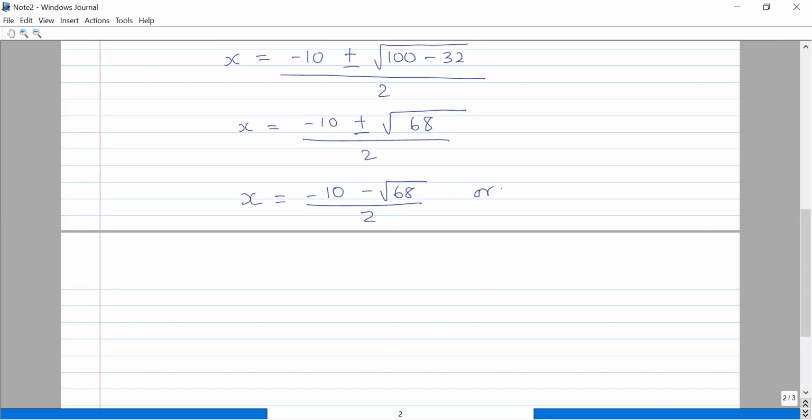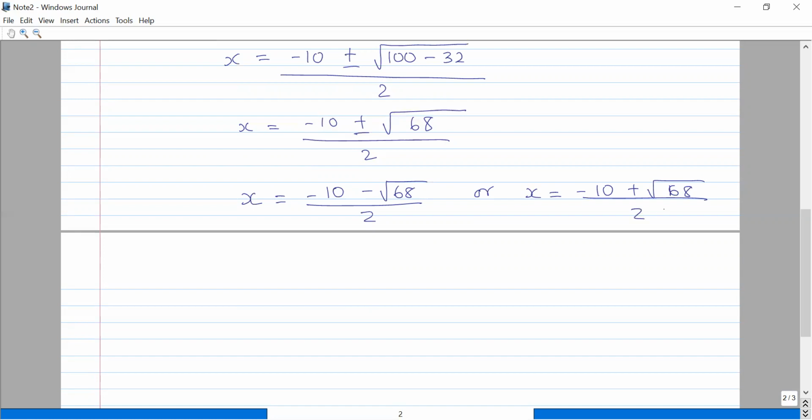Then you say, or x is equal to minus 10 plus square root of 68, all divided by 2.